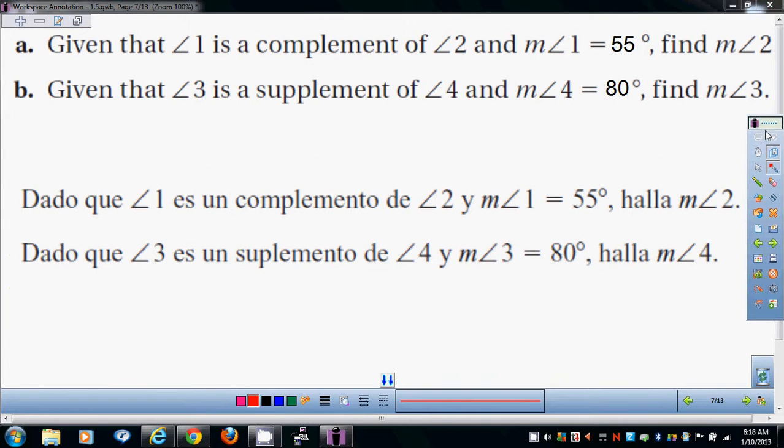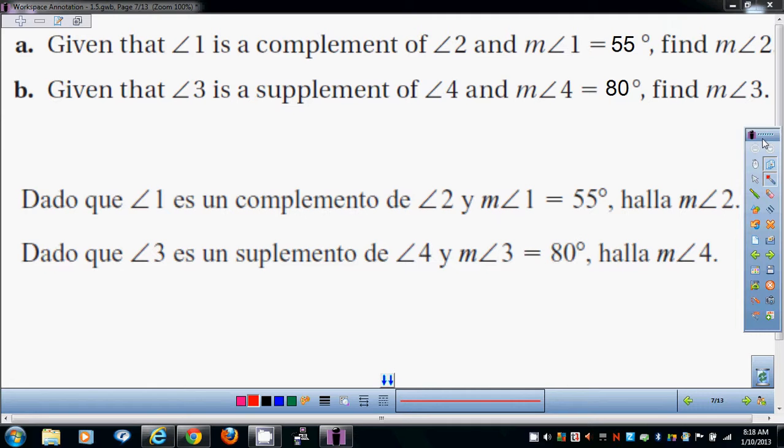Here's another question. Given that angle 1 is a complement of angle 2 and angle 1 is 55, what is angle 2? Salvador, first part. You know what this would be? Okay.